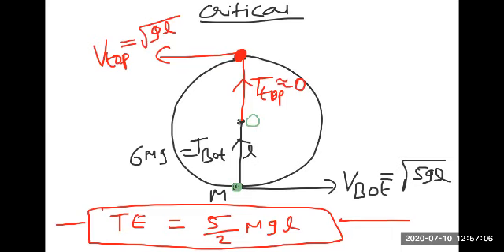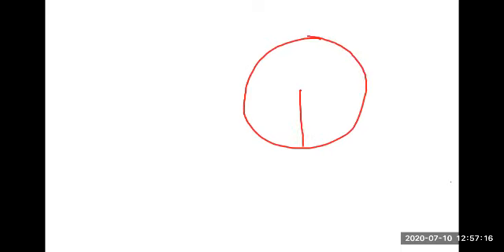So in critical condition, suppose they are asking us what is the velocity at any instant. I don't want at top or bottom, I want at any instant. Somebody asked me, sir, you have given the values only at the bottom and top. I want at horizontal. What is the velocity value, tension value?